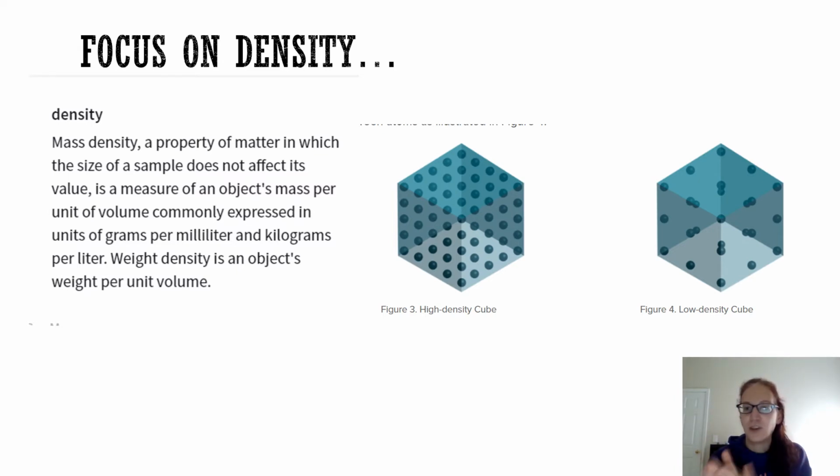It's not like with the cube on the right hand side there that you're going to put your hand through the cube. They're not that far apart. Both of these cubes are going to seem solid to you, but if they're the same size and you picked them up, one of them would feel a lot heavier because it's got a lot more atoms packed into that amount of space.